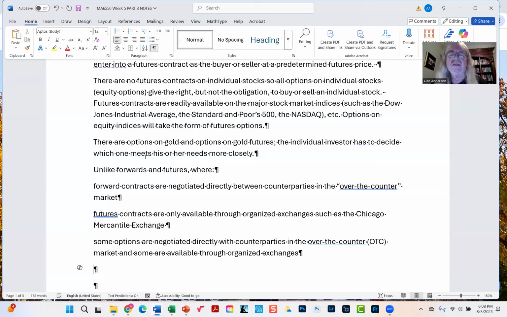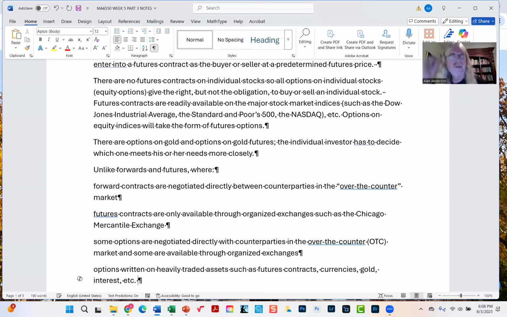Now, typically though, normally what happens here is that options written on heavily traded assets, such as futures contracts, currencies, gold, interest rates, whatever it is, are normally bought or sold through exchanges.